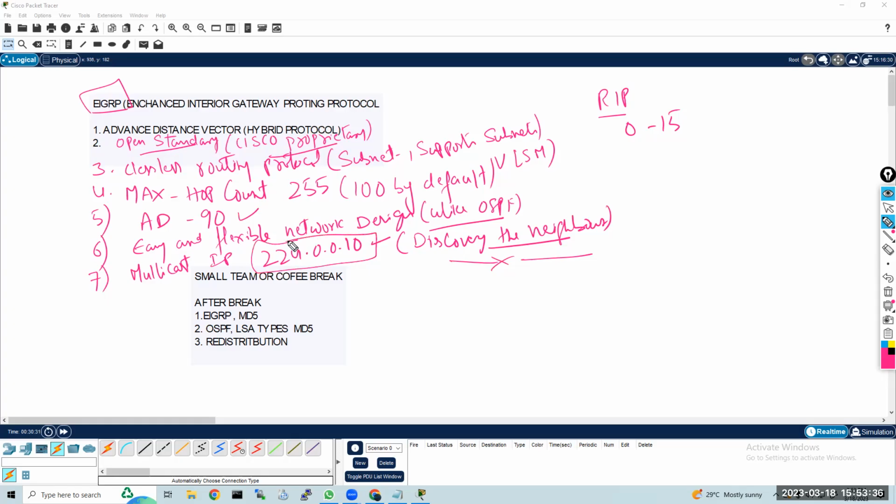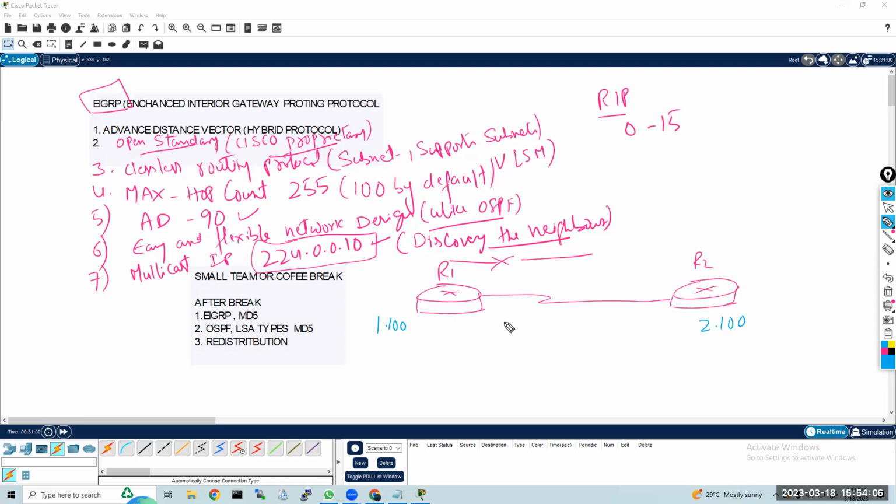How does it work? Imagine I have two routers connected. How will EIGRP form the neighborship? This is my R1 and this is my R2. Say this is the 1.100 network and this is the 2.100 IP address.